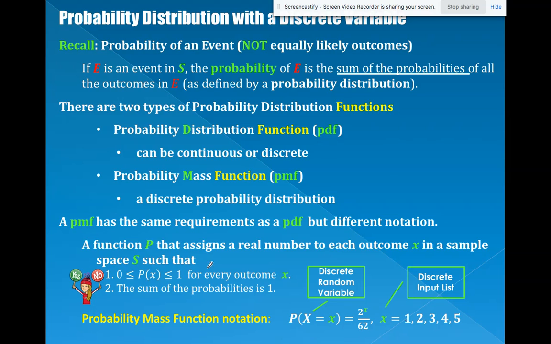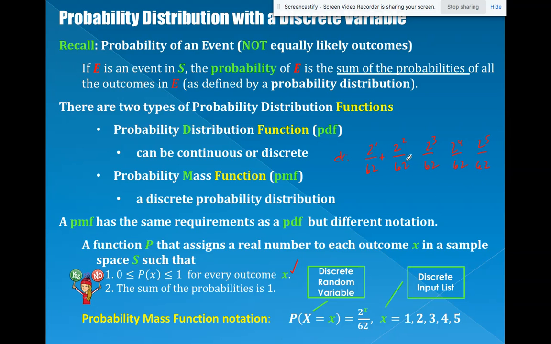Well, I'm going to input all of these: 2 to the first over 62, 2 to the second over 62, and so on. There are all the probabilities, and they are certainly between 0 and 1: 2 out of 62, up to 2 to the fifth, which is 32 out of 62.